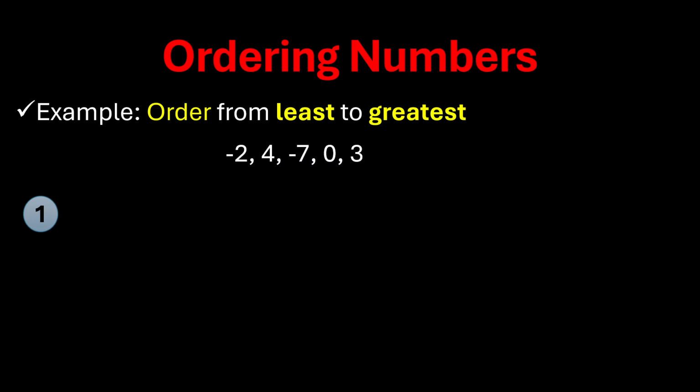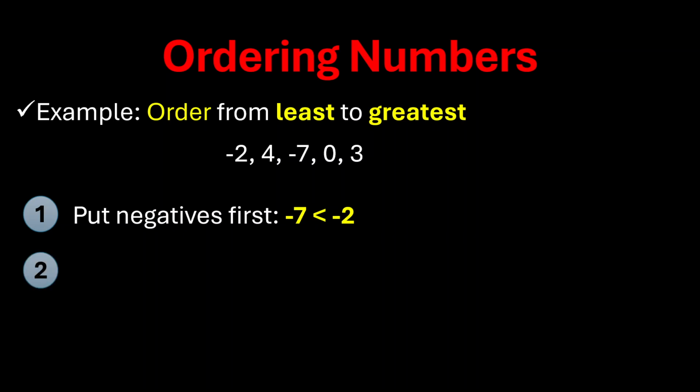Then the first step is to put negatives first. Use the number line. In this case minus 7 is less than minus 2 because minus 2 is on the right on the number line.